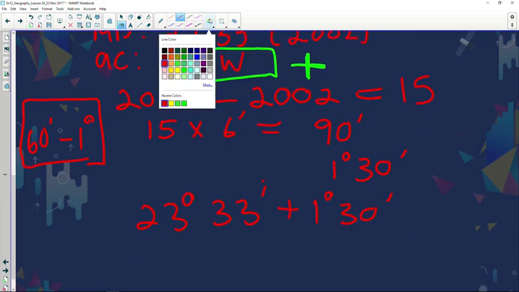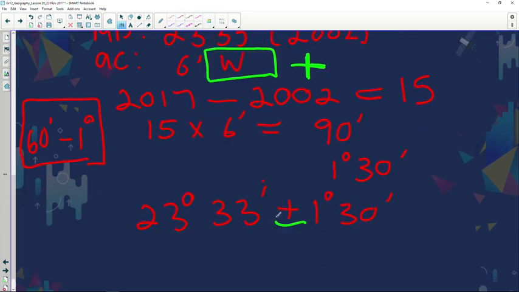Now, pay attention, we've added over here. Why? Because it's moving west. So 23 degrees, 33 minutes, plus 1 degree, 30 minutes. Let's do it over here. Very importantly, 23 degrees plus 1 degree gives us 24 degrees. But 33 minutes plus 30 minutes gives us 63 minutes.